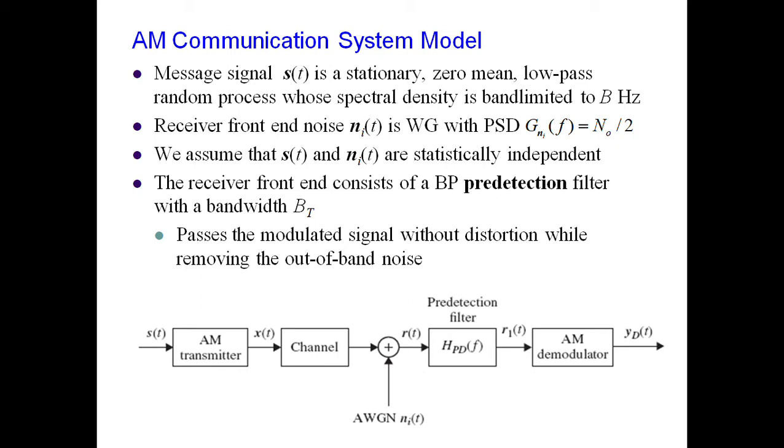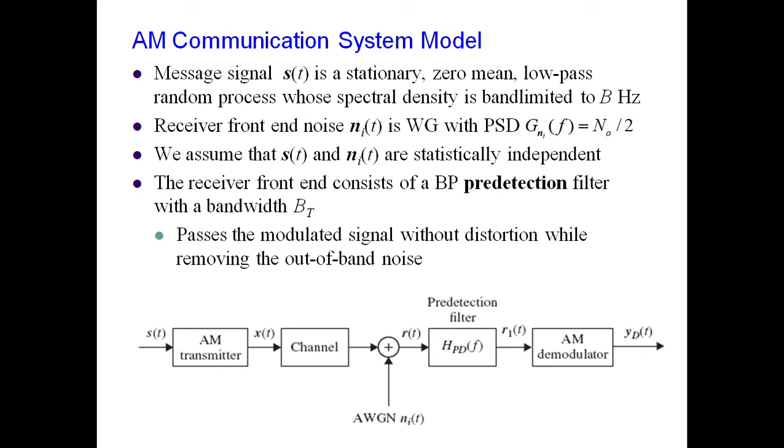This noise, n(t), is a white Gaussian noise, and the power spectral density, as we learned in chapter 6, will be equal to N0 divided by 2. So N0 divided by 2 is the amplitude.